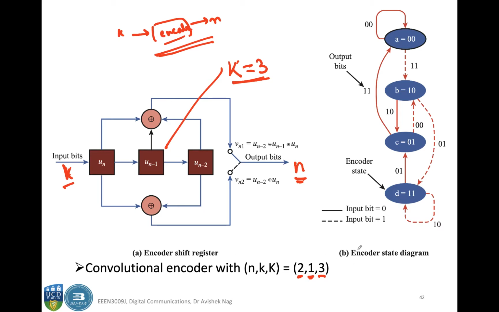Basically your bit stream is coming, let's say 1 0 1 1 0 whatever, and each bit is input to this convolutional encoder, and for each bit you generate 2 output bits that are sent through the channel.